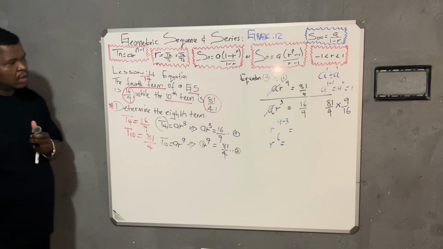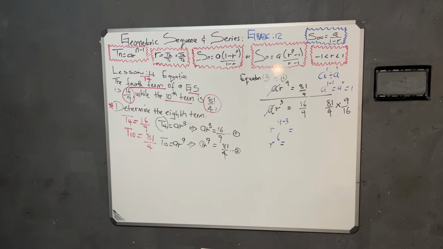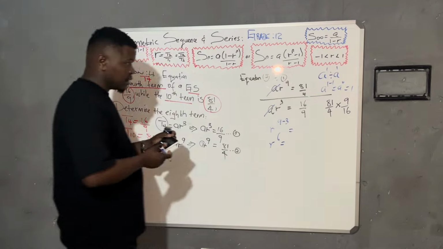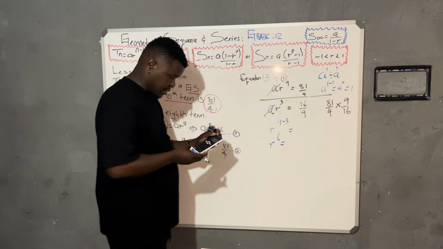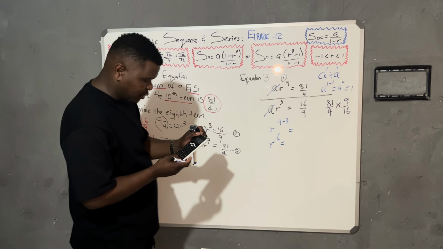That will be a way to work with something of that nature. So what is 81 times 9? I'm not trying to be smart here. I just have to make sure, for accuracy reasons.